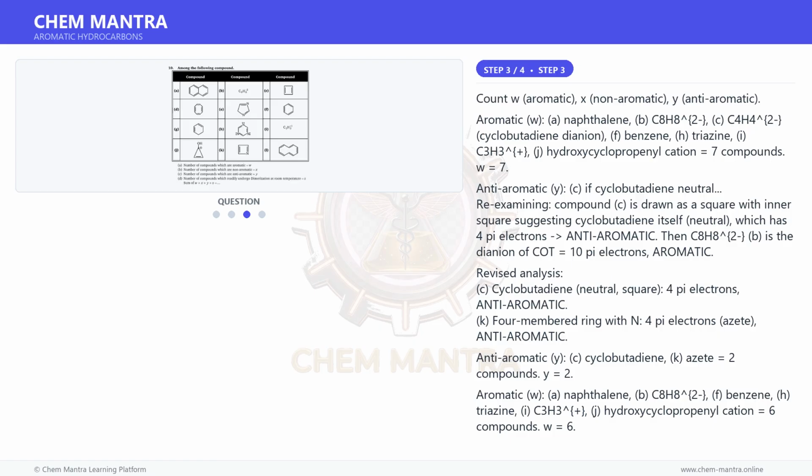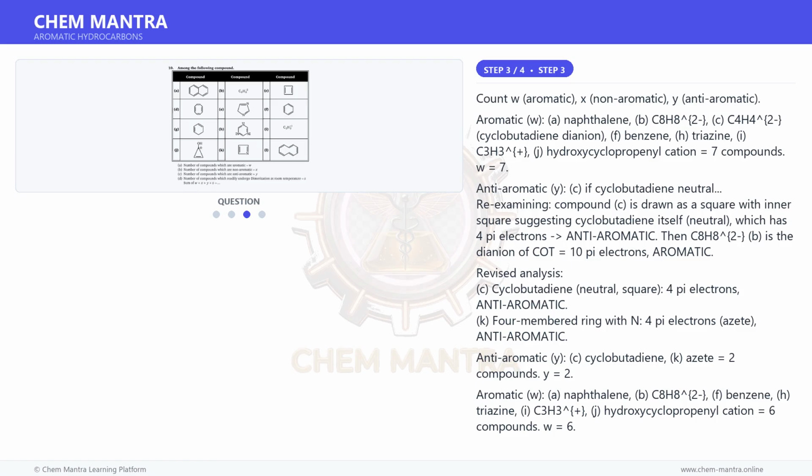Revised analysis. C. Cyclobutadiene, neutral, square, 4 pi electrons, anti-aromatic. K. Four-membered ring with N, 4 pi electrons, azete, anti-aromatic. Anti-aromatic, Y: C, cyclobutadiene, K, azete equals 2 compounds. Y equals 2.